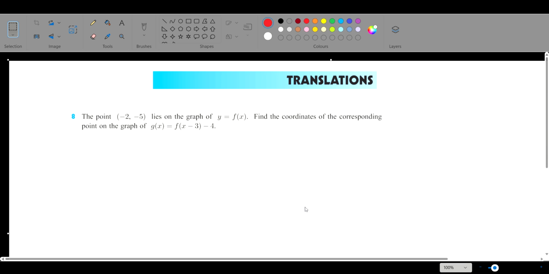Find the coordinates of the corresponding point on the graph g of x, which is translated 3 units to the right and 4 units downward, that is negative 4.